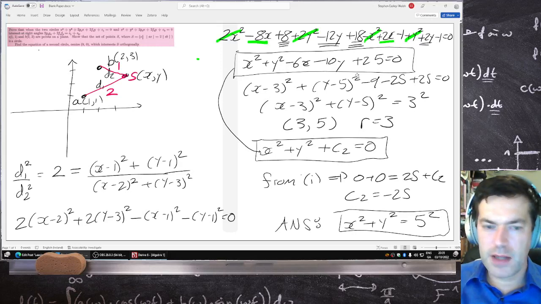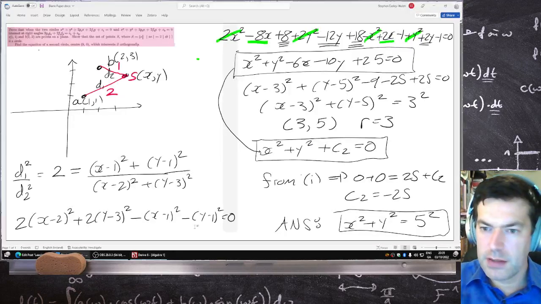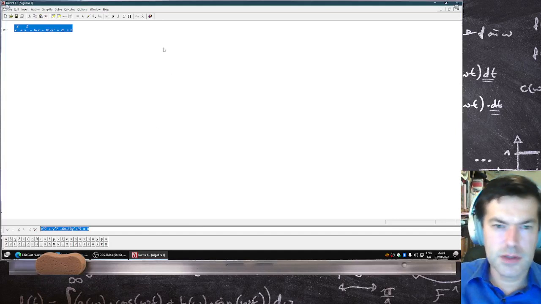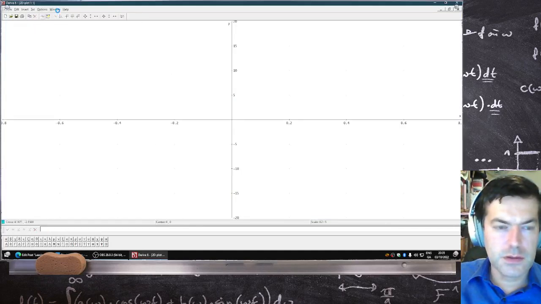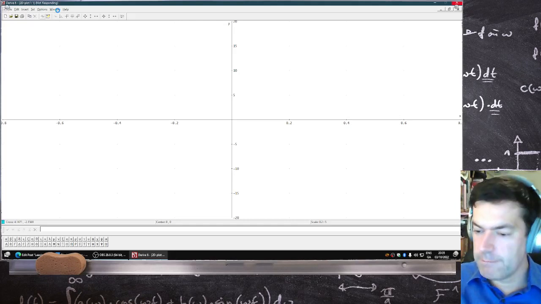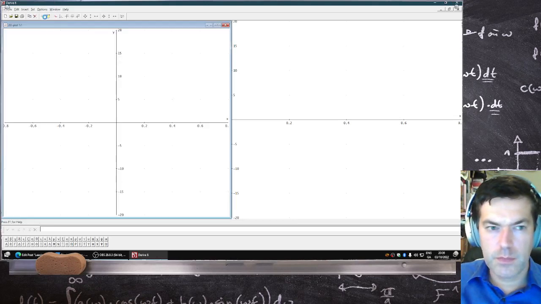Maybe I'll graph that equation I just got. x squared plus y squared minus 6x minus 10y plus 25 equals 0. See how that looks. Come on.